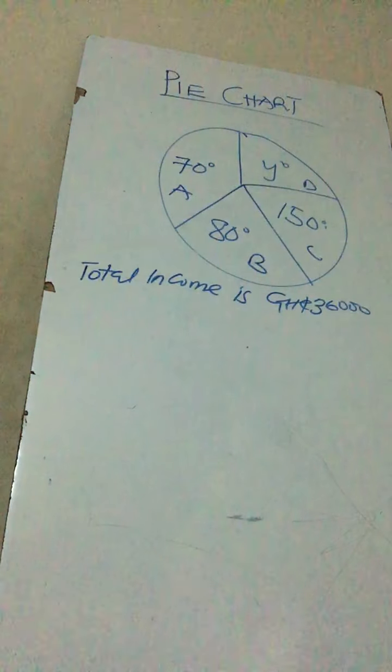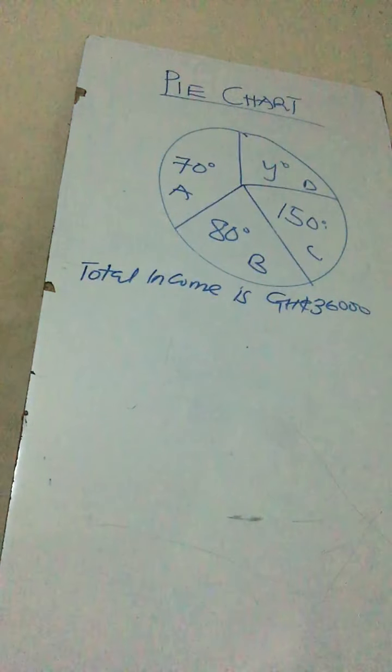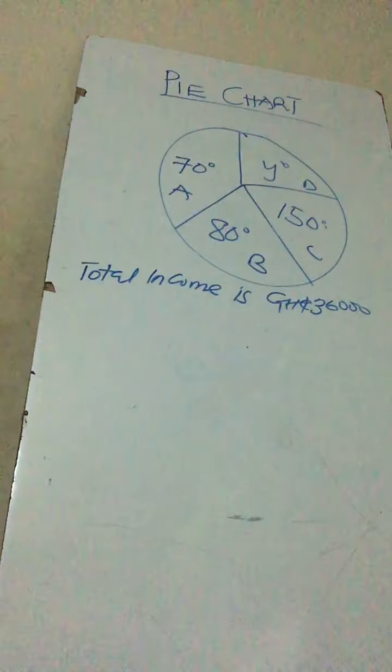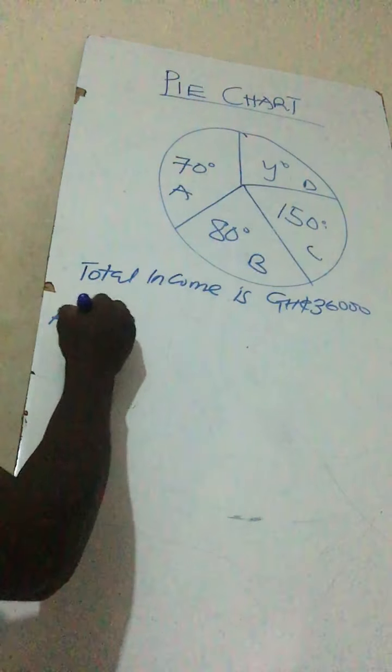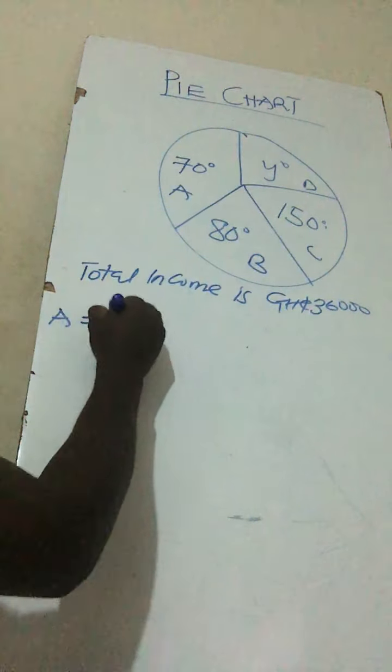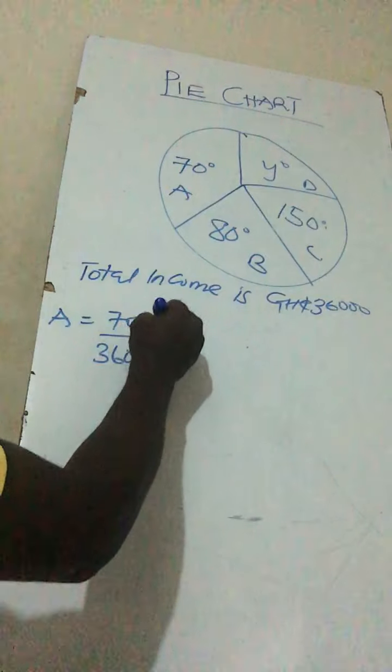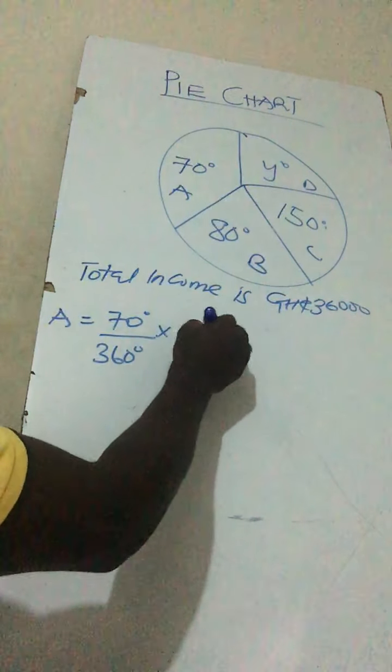And so we are sharing the money. Just as if you want to share the money, it is the particular angle divided by the total angle times the money. Now, A's angle is 70, right? So it will be 70 degrees over the total 360 degrees times the money 36,000.